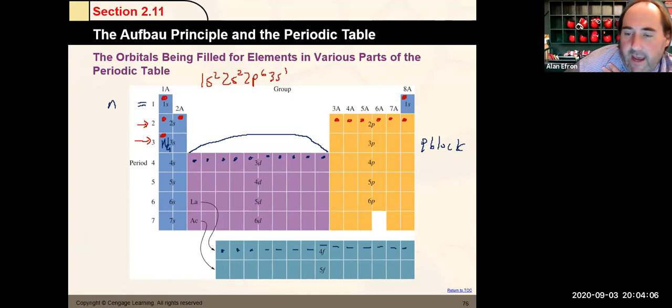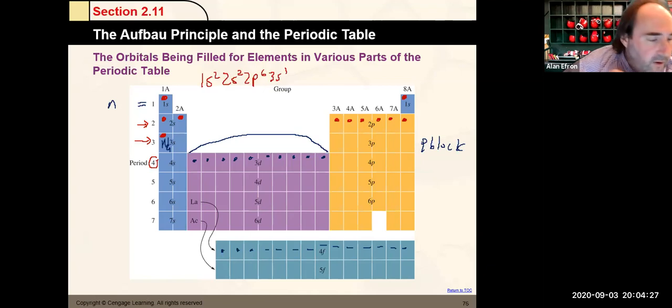And you can literally count off the electron configuration from the periodic table, provided you actually know what you're doing. That would be a good thing, because there are little things that are different. For example, this is the 4th period, and this is our D block.